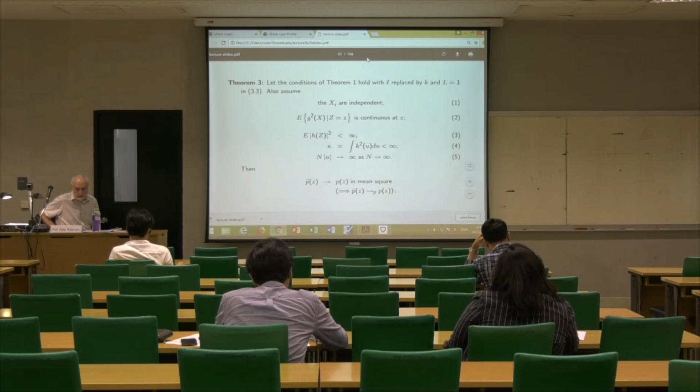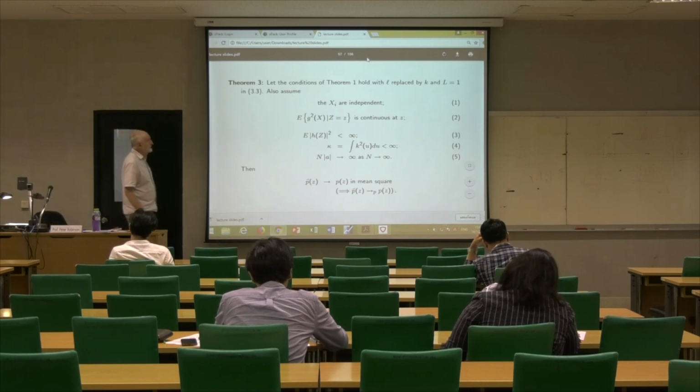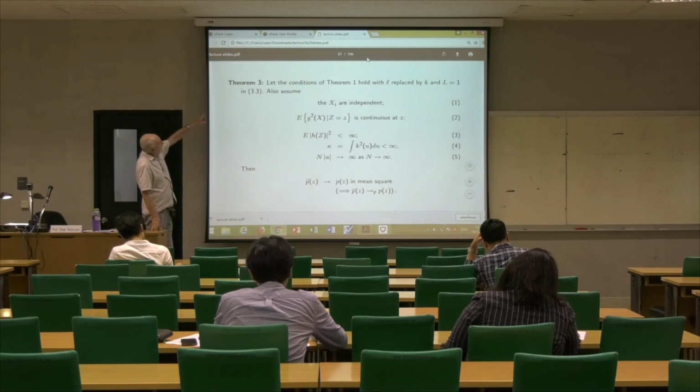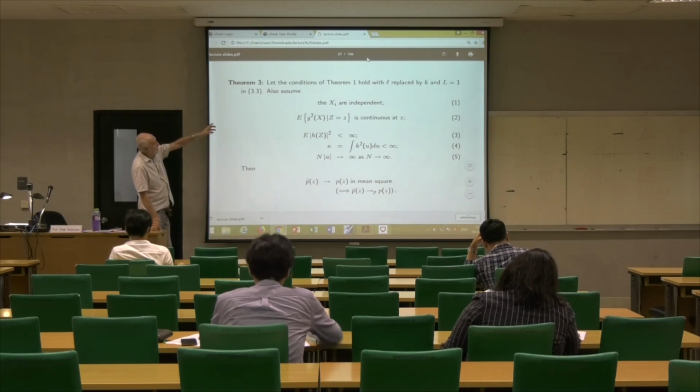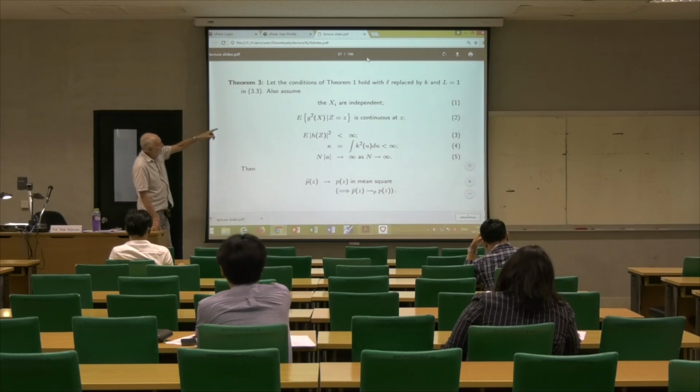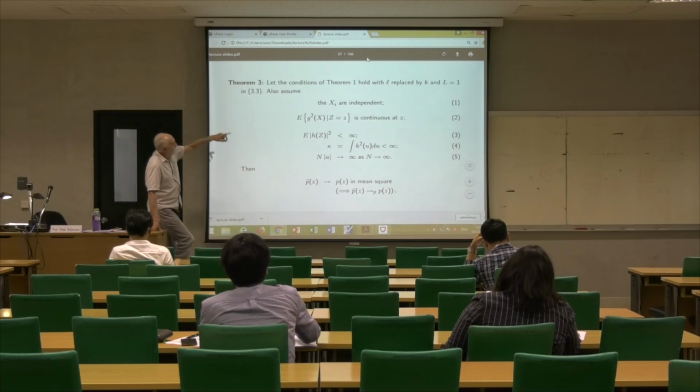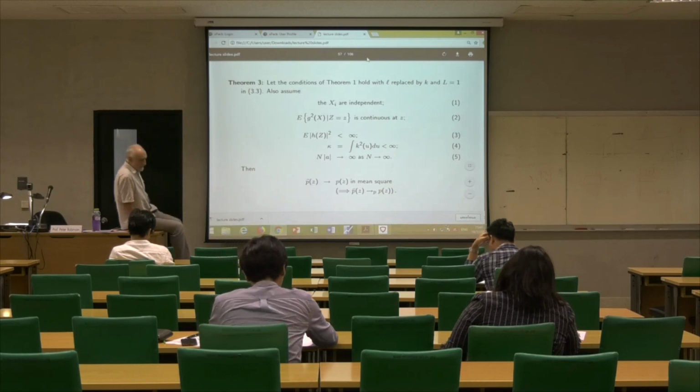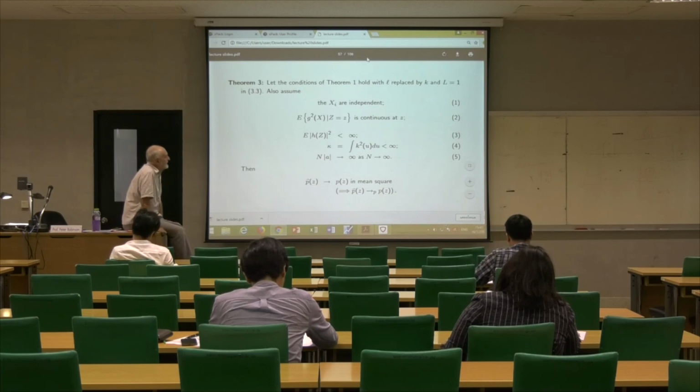No proof, but I want to discuss the conditions. So the conditions of theorem 1 are all holding, but the L is replaced by K, and so we have big L equals 1. So we don't have this capital L factor coming out.